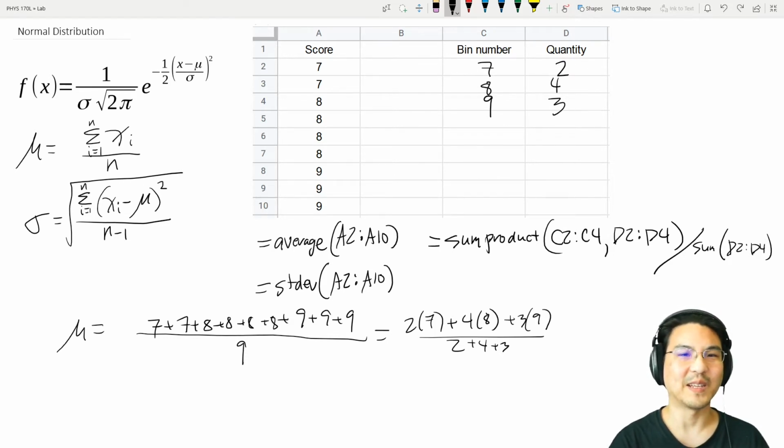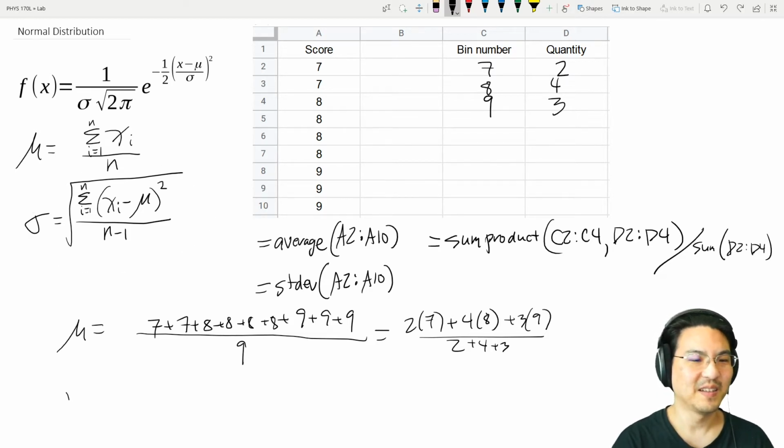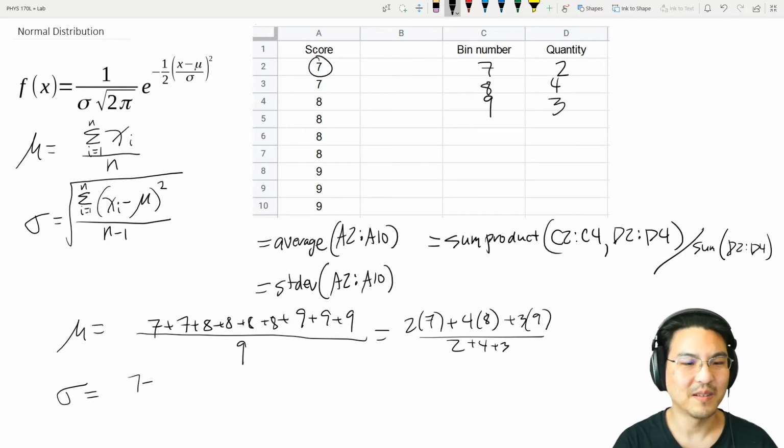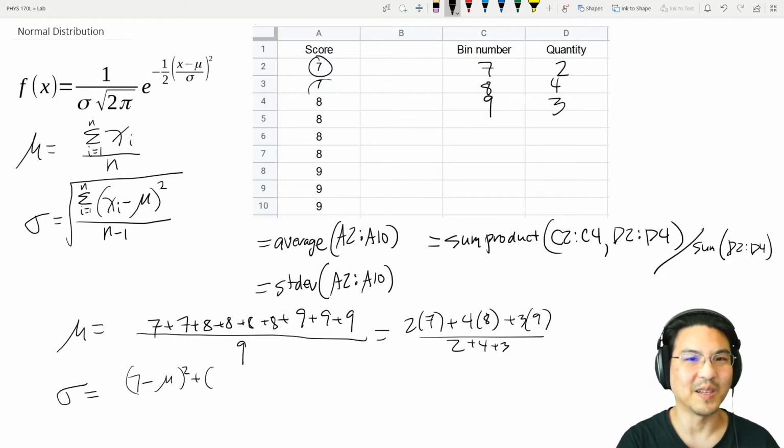How about standard deviation? So if you look at this formula, it looks like, take our data point, like 7, minus the mean, squared, plus next data point, 7 minus the mean squared, plus next data point, 8 minus the mean squared, plus the next data point, and you just keep going.